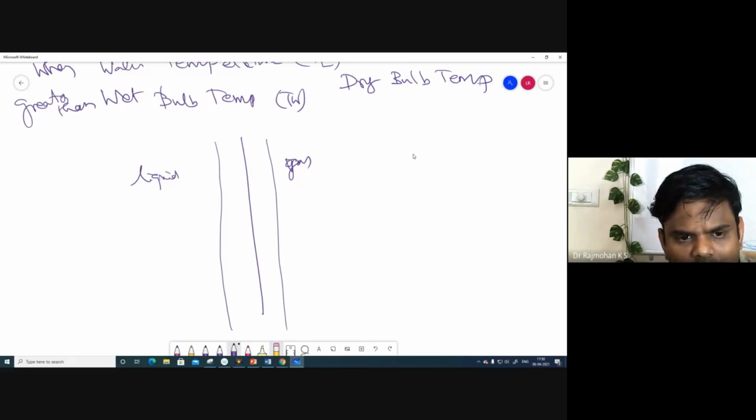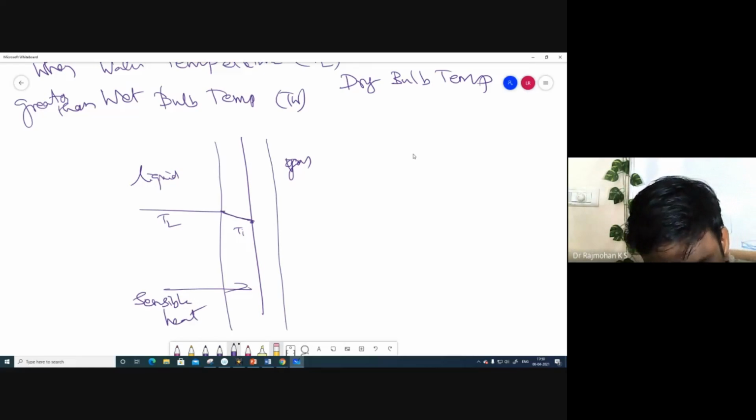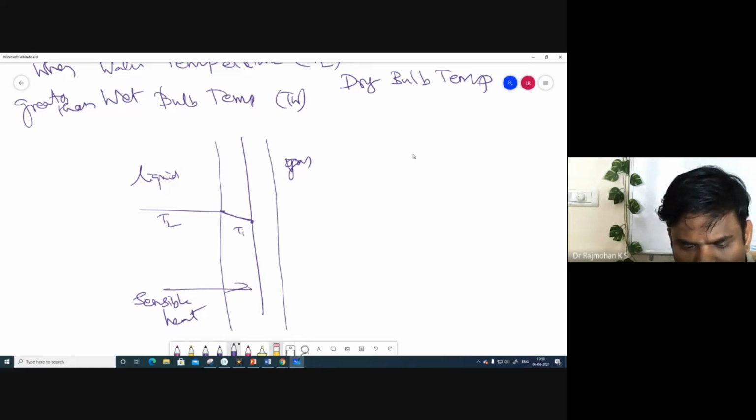So how does the temperature vary? TL is the temperature of the liquid. We have the interface temperature Ti. So that will be the direction of heat transfer from liquid to gas, and this is going to be purely sensible heat, right? Sensible heat transfer from TL to Ti. Similarly, we are going to have a temperature T0, the temperature at the bottom of the tower. So we are going to have a profile like this, T0.